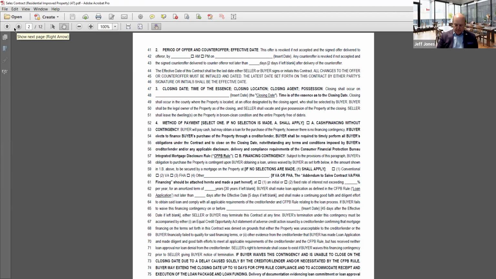It's also helpful if you call the listing agent and say, do you have some other offers? And the listing agent says, yes, we have several other offers. And you say, can you share with me if any of them are over the list price of the house?